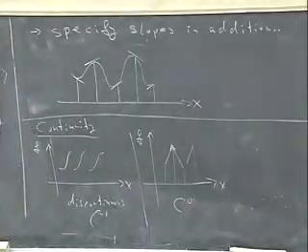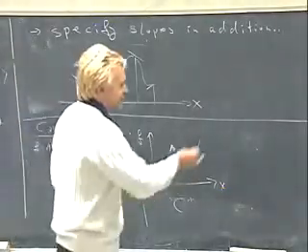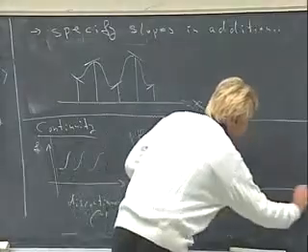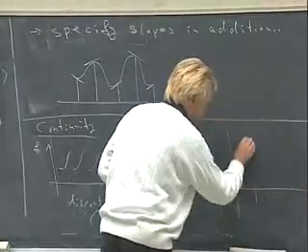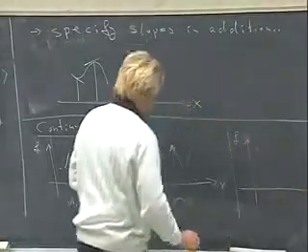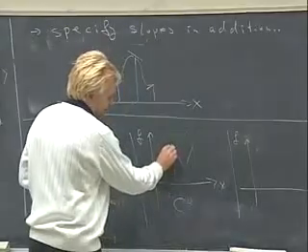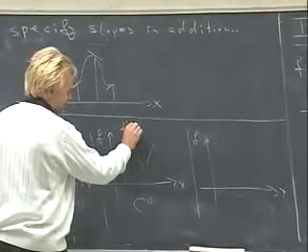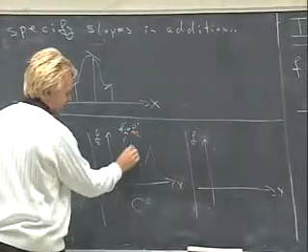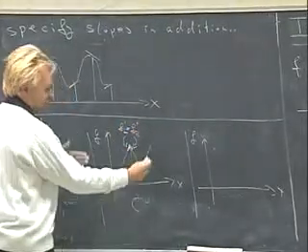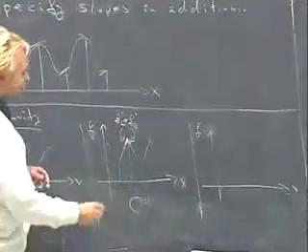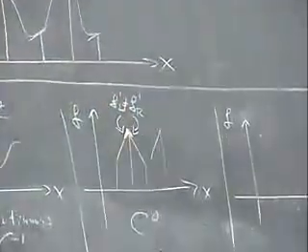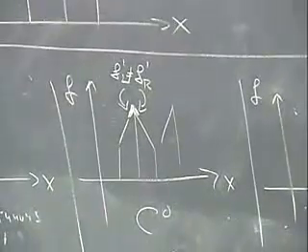We want to do that. And then if things become smoother, the derivative, f prime coming from the left, differs from f prime coming from the right. You approach the same point, the position is the same.